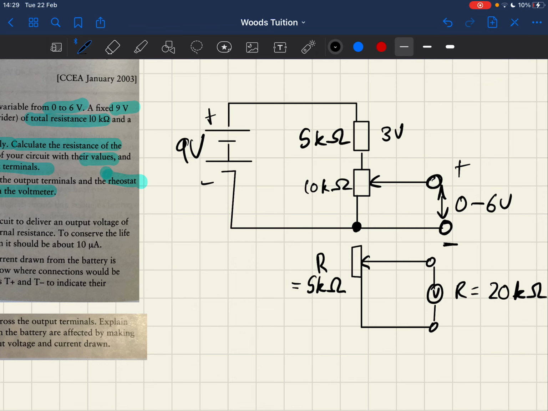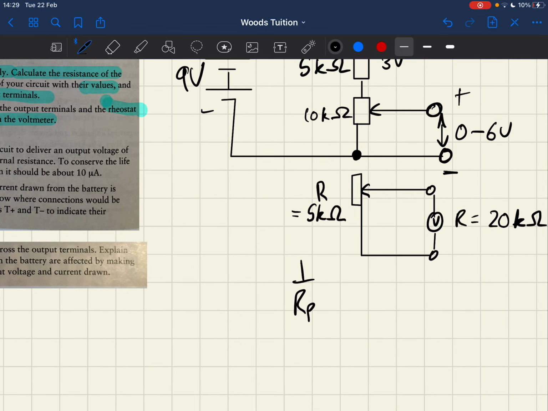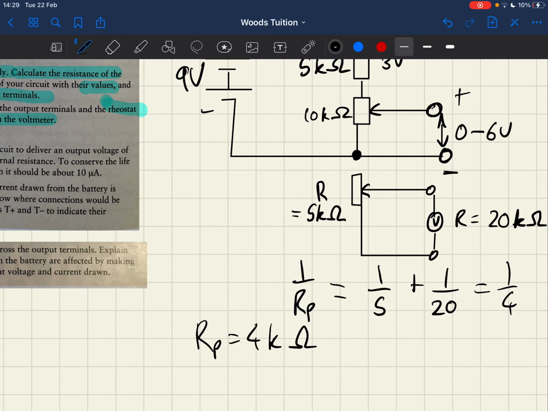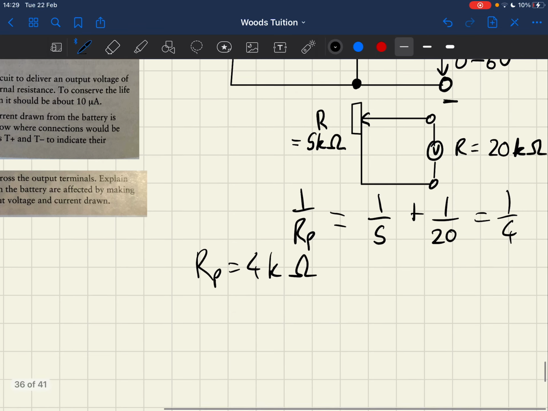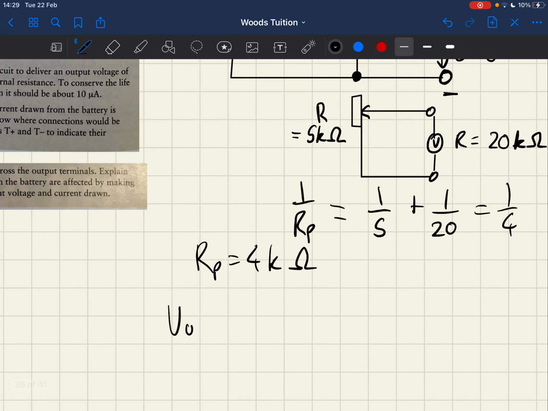So using our 1 over R parallel is equal to 1 over 5 plus 1 over 20. If we do that in the calculator, 1 over 5 plus 1 over 20 is equal to 1 over 4. So the resistance of our parallel circuit is going to be equal to 4 kilo-ohms. And then we can use the equation V out is equal to R1 times the potential difference coming in over R1 plus R2.